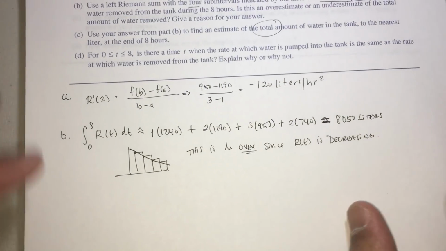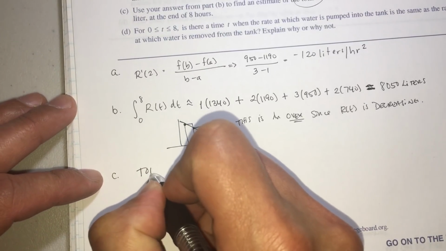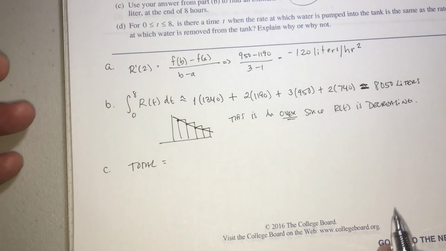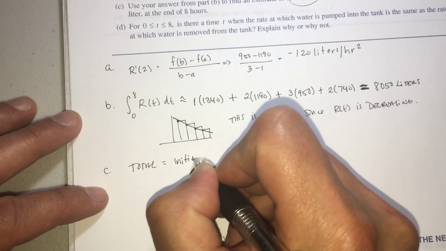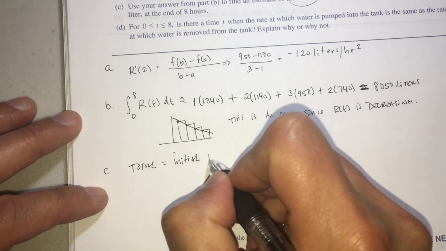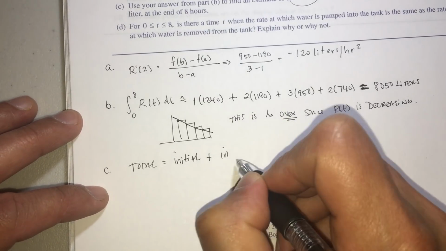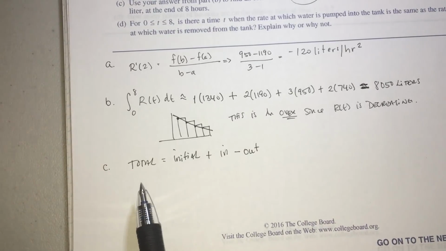To get the total, what do I need? Well, what did you start with? Your initial, plus what's going in, minus what's going out. Does that make sense? Because that's how you're going to get the total.